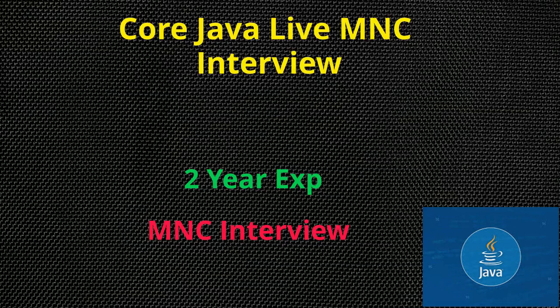How can I use an object as a key in HashMap? What are the data types I can use as a key in HashMap?